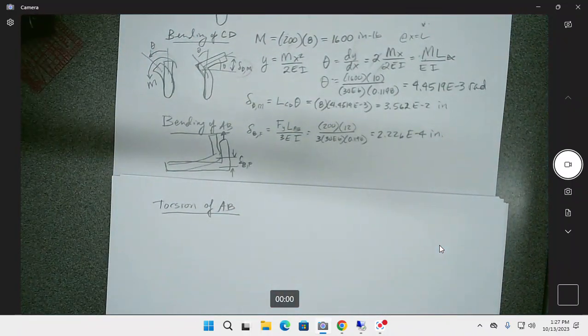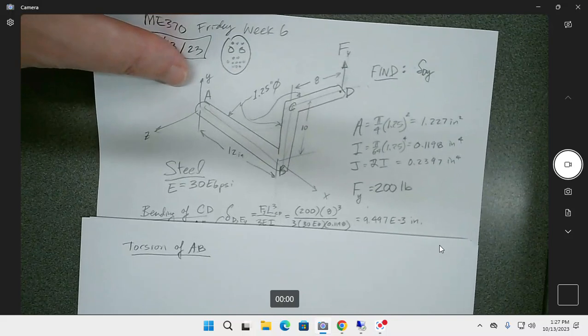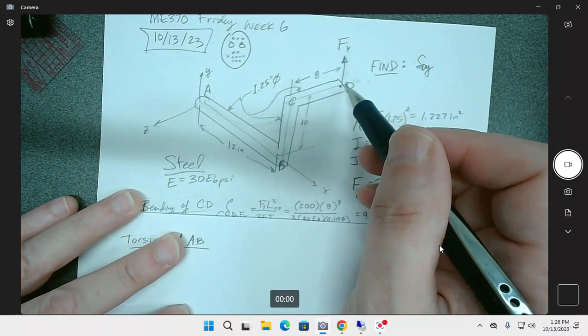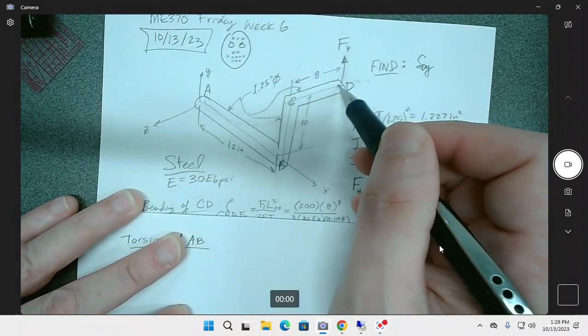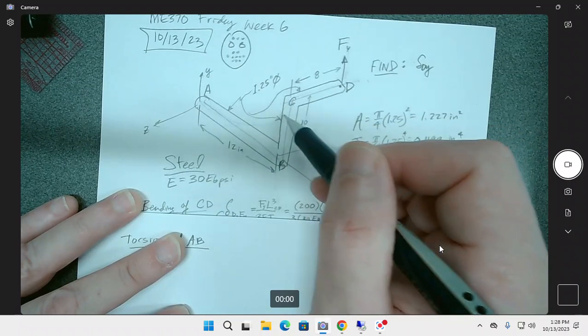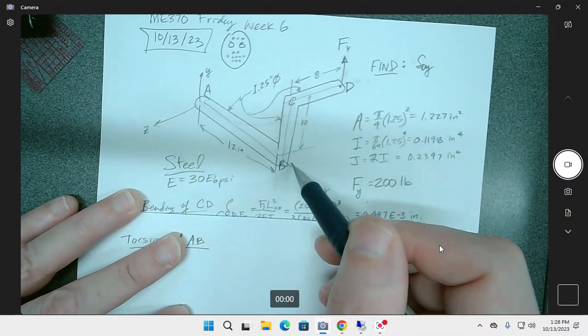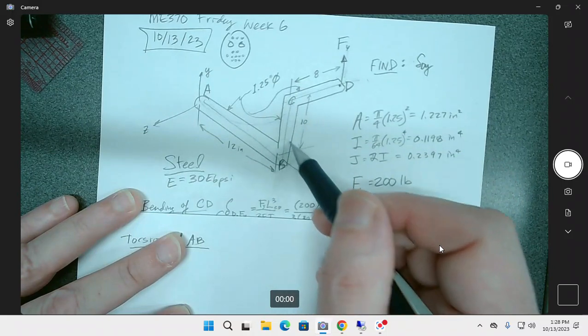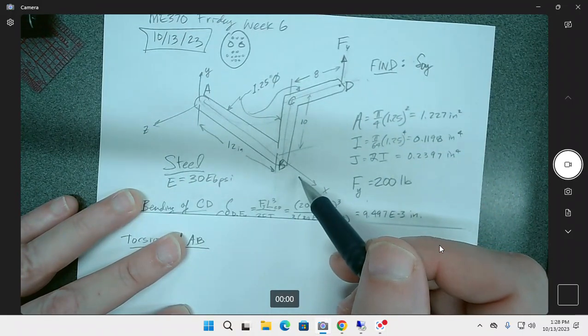So let's see, how is that going to happen? Okay, so this torsion arm is going to create a moment here, which is also going to translate down to here and twist this piece.